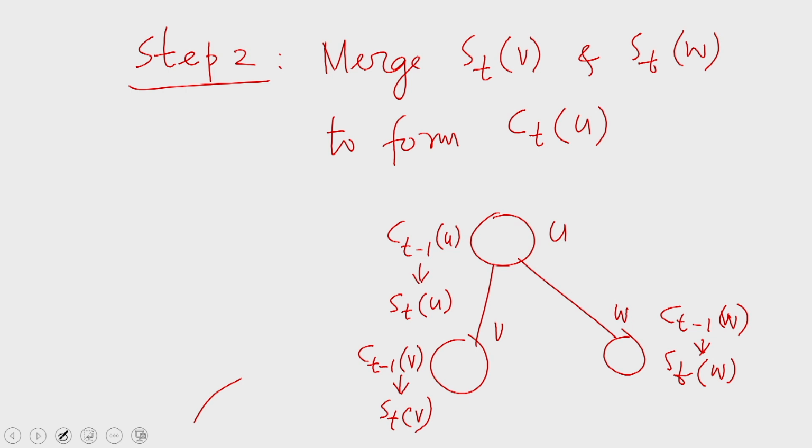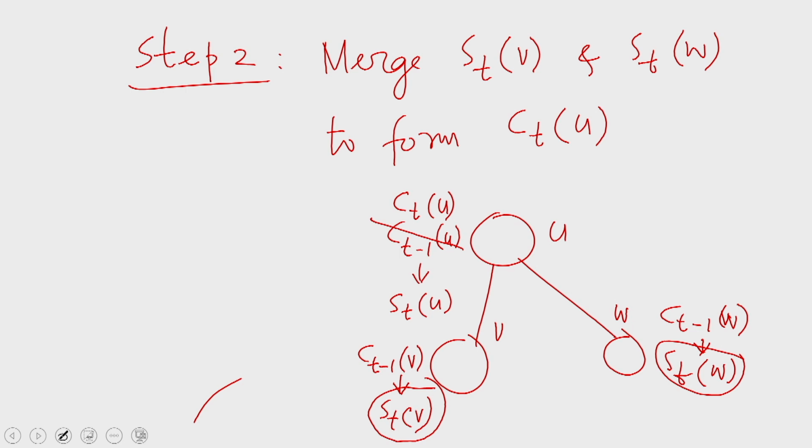And then the samples St of v and St of w will be merged to replace the cache at u, and this replaced cache will form Ct of u, the cache at u at the end of the t stage.